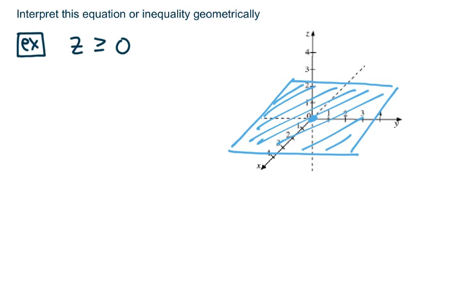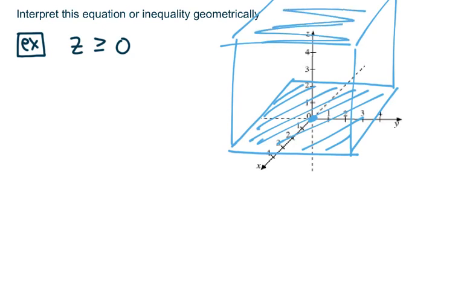So z being greater than or equal to 0 would represent everything above, going up infinitely. I'm drawing it as a cube, but you know that this cube extends out in all directions, although it does not go down. So it's stopping at the xy axes and just extending up.